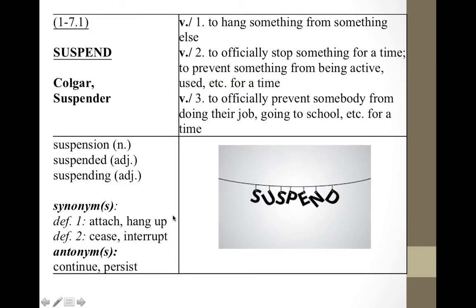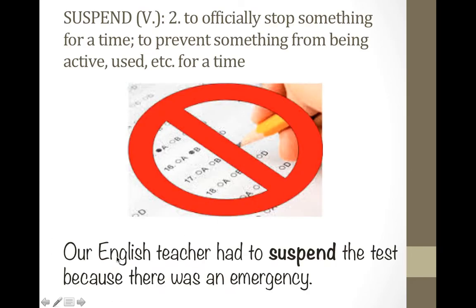In this case, for suspend, you can also use synonymous words like cease or interrupt. For example, our English teacher had to cease the test, had to interrupt the test because it was an emergency. There was no more test done. The test was canceled, suspended for another time or another day.